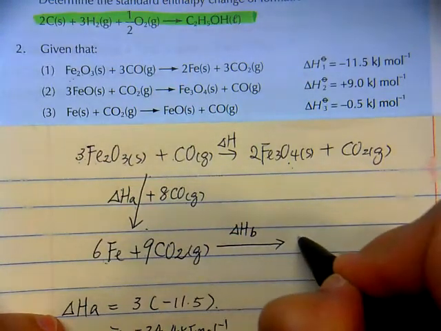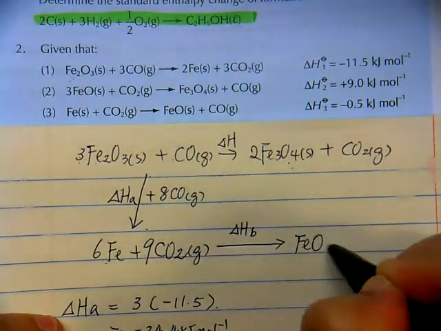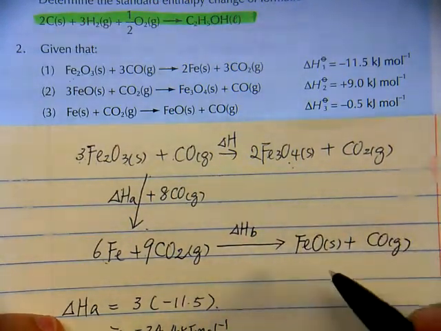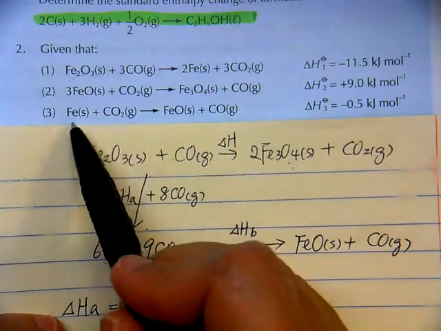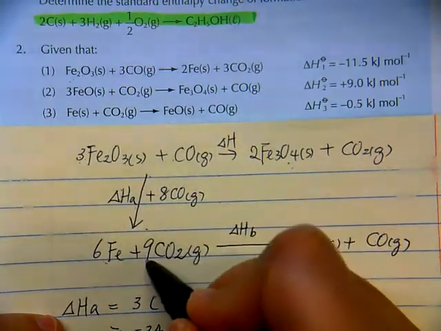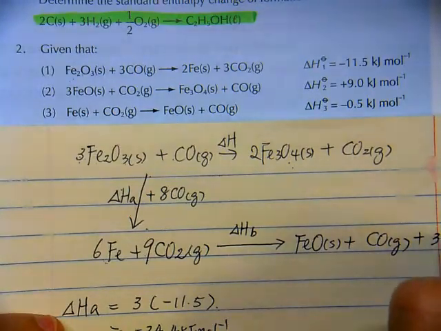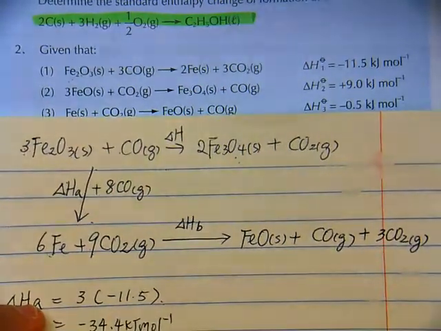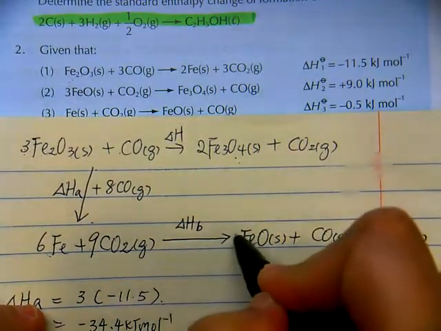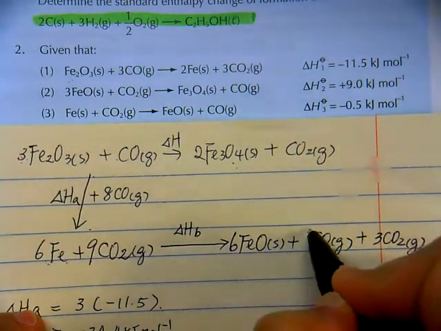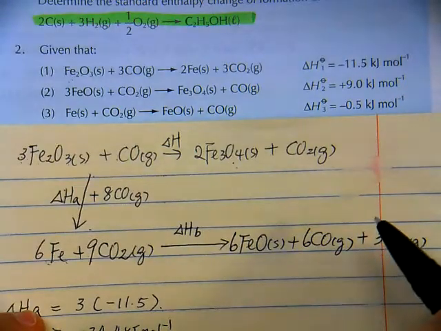So finally we have FeO and CO. For 6 Fe, it needs 6 CO2. That means we have 3 CO2 left. And then we have 6 FeO and 6 CO.